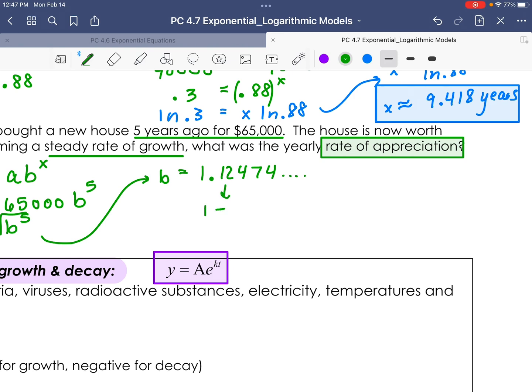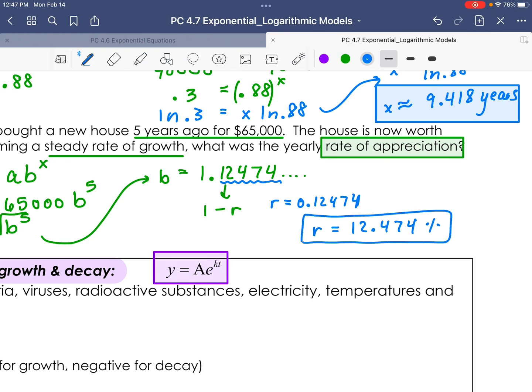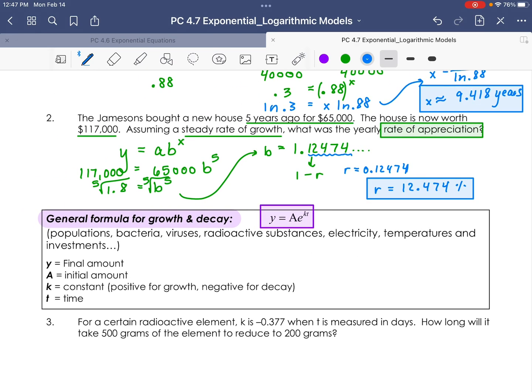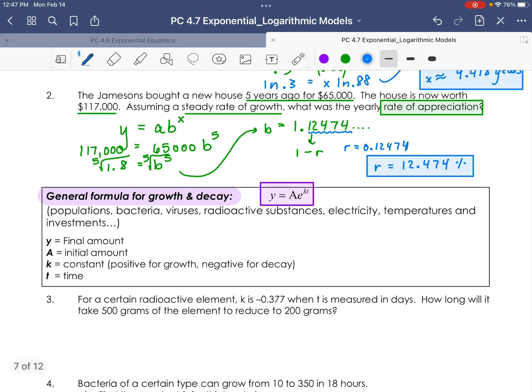So this guy right here is actually my interest rate. r is equal to 0.12474, which means change r to a percentage. r is actually 12.474%. Okay, the final answer has to be accurate to 3 decimal places. So get used to practicing with your calculator for those.